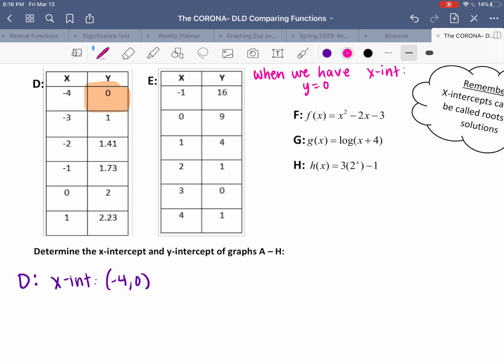And then when we have our y-intercept, we need to think about what's happening with x. So if we have a y-intercept and we're on the y-axis, our x value is going to be 0. So in this situation, our y-intercept is going to be (0, 2).